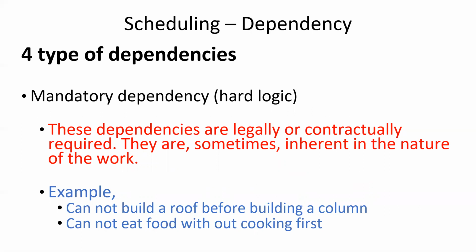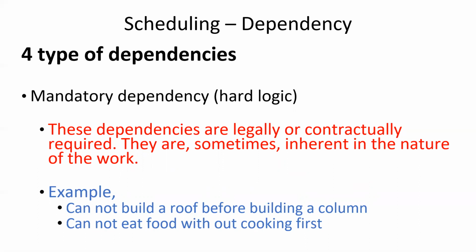Let me give you a couple of examples. For instance, you cannot build the roof of a building until you have the columns of the building. You first need to build the columns, put them in place, and only then would you be able to build a roof on top of that. So that's a mandatory or hard logic dependency.